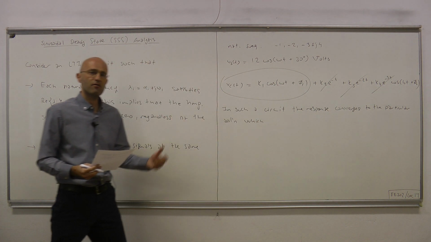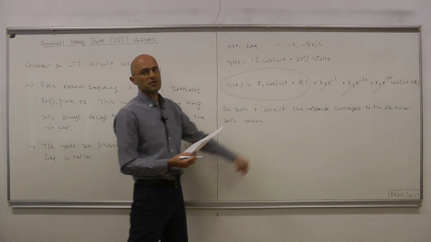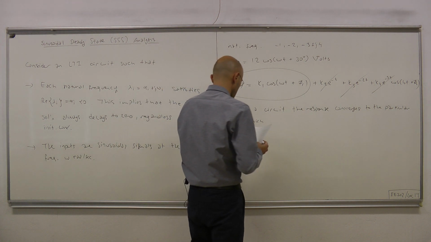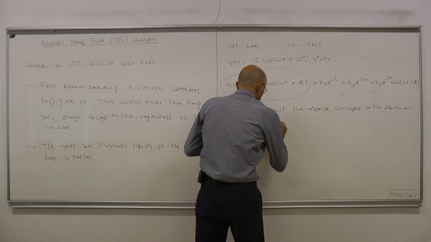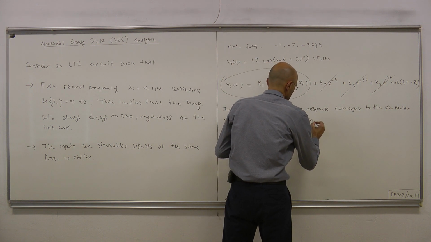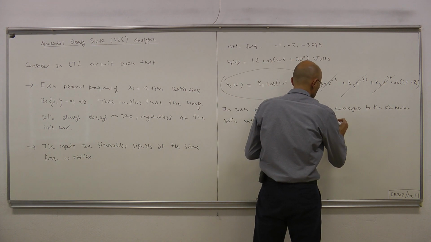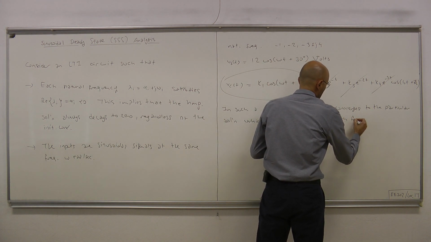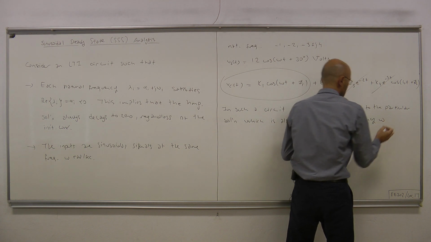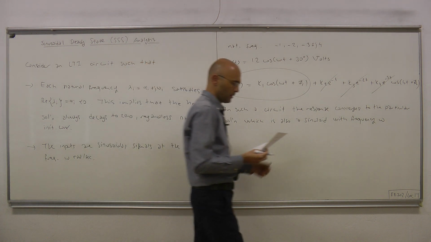Which has the same form as the input, and therefore it's a sinusoidal signal with frequency omega radians per second. Which is also a sinusoid with frequency omega, omega being the frequency of the input.